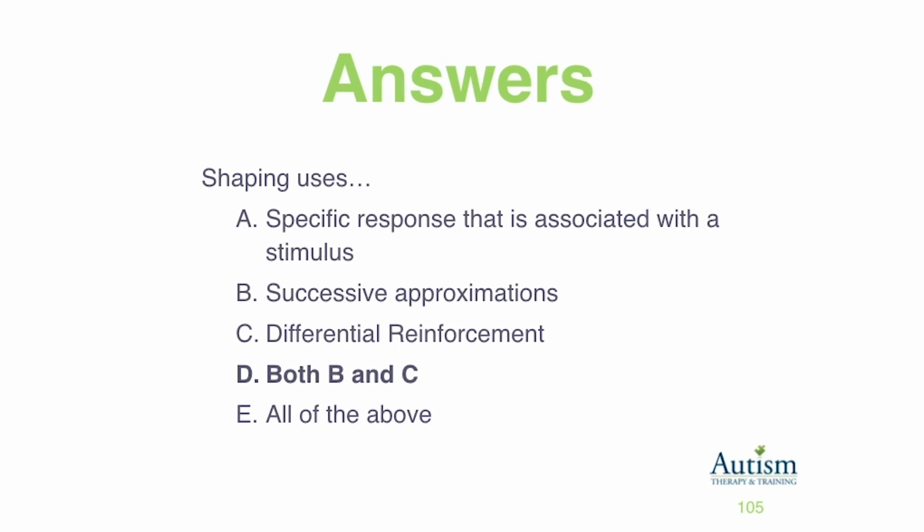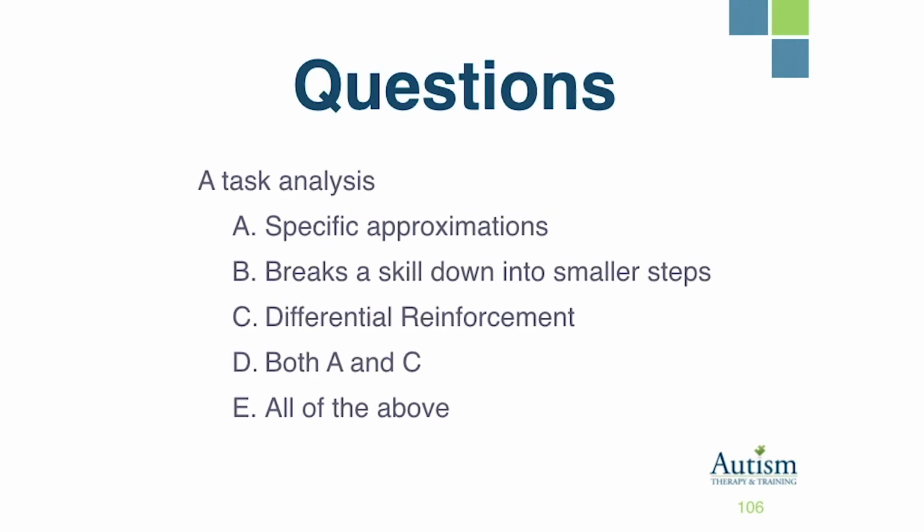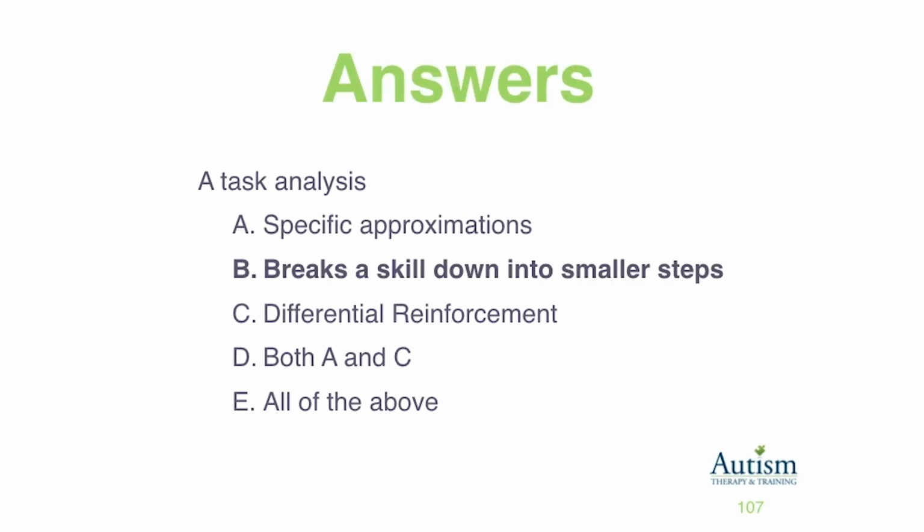And the correct response is D, both B and C. A task analysis is A, specific approximations, B, breaks a skill down into smaller steps, C, differential reinforcement, D, both A and C, or E, all of the above. And the correct response is B, breaks a skill down into smaller steps.